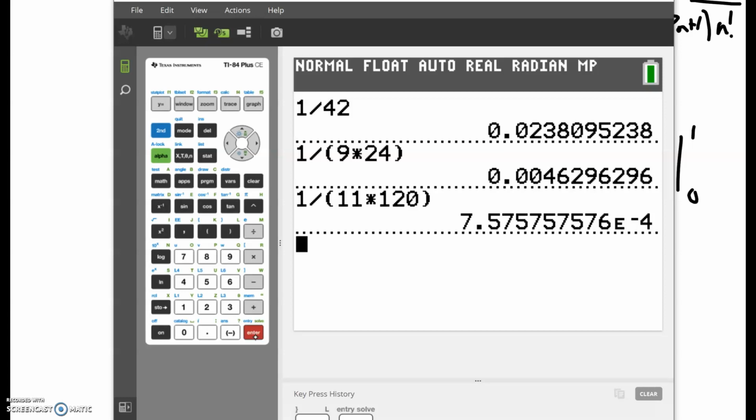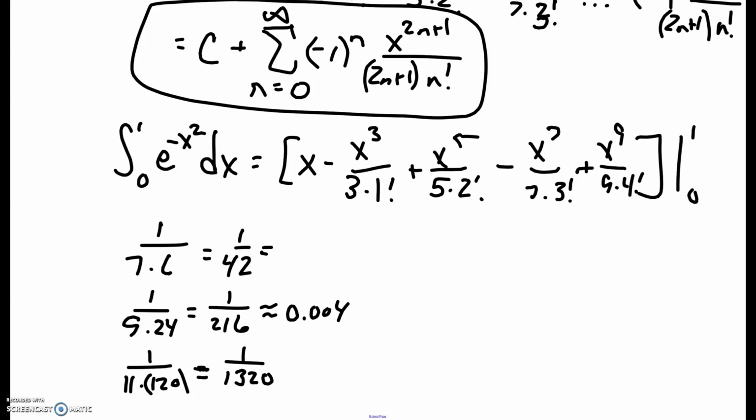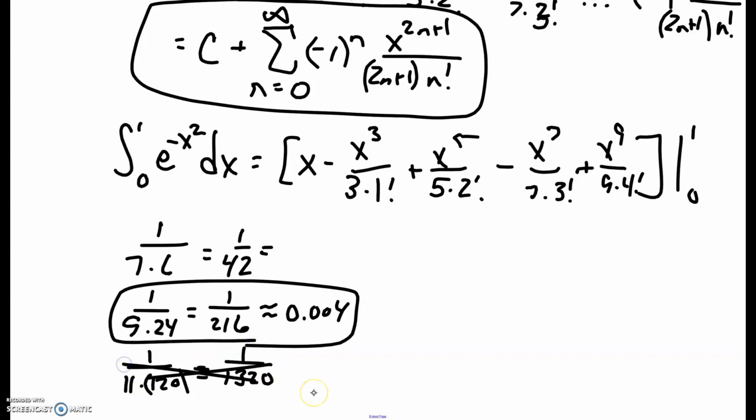And there we have 0.0007, which is less than 0.001. So we want to include this term and exclude everything after.